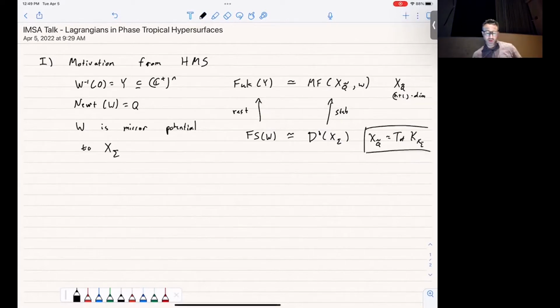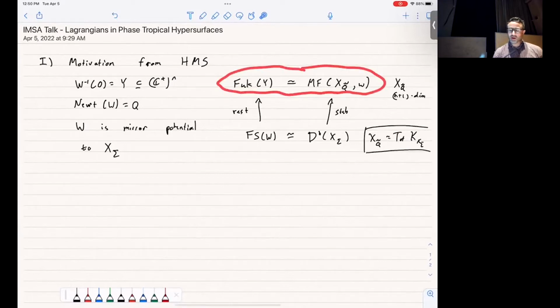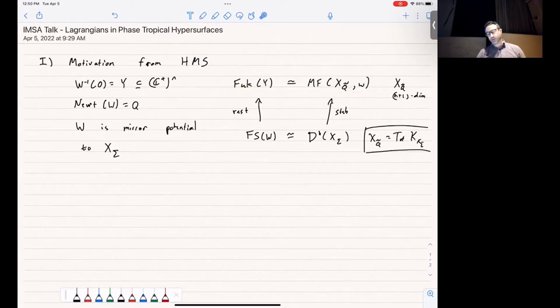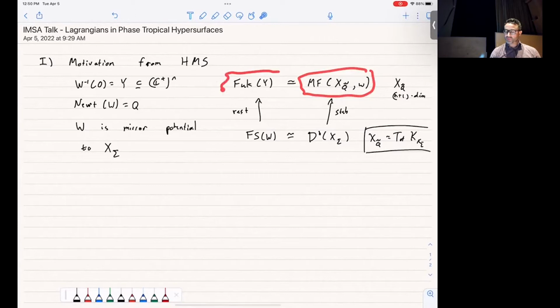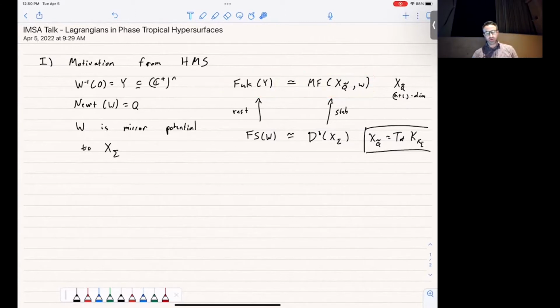Okay. All right. So what is the motivation then? One of the motivations that I have is to really try to get a better understanding of this quasi-equivalence up here. In particular, the assignments of certain types of natural objects in here to natural objects in the Fukaya category.